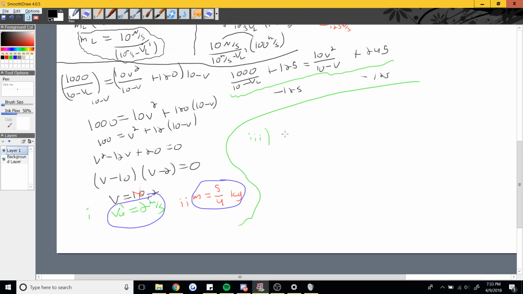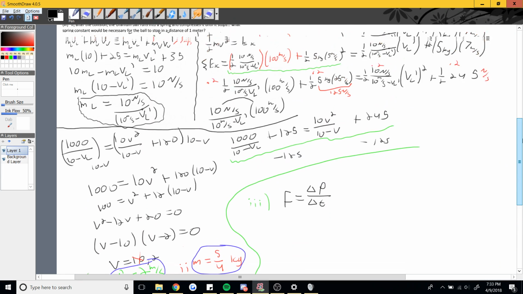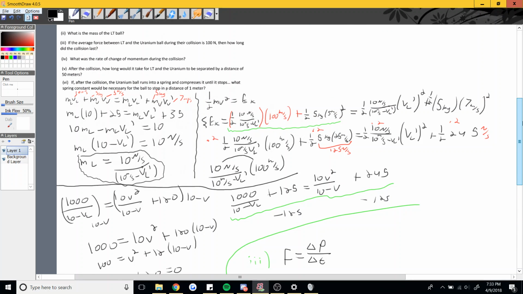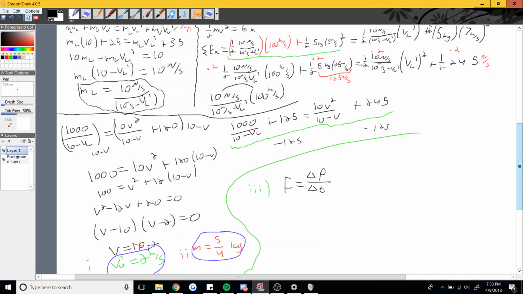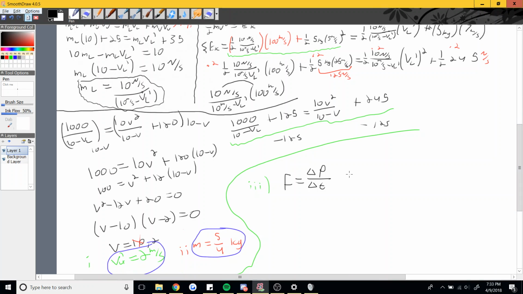Number 3, we all know that force equals the change in momentum over the change in time. In regards to this question, we're asking about the average force and how long it lasts. So we know that the average force is 100 newtons, and that the change in momentum is P final minus P initial.